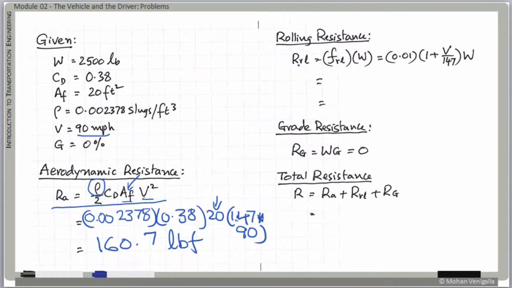Now the rolling resistance. The rolling resistance is FRL times W. The FRL is an empirical equation given in terms of the velocity of the vehicle.